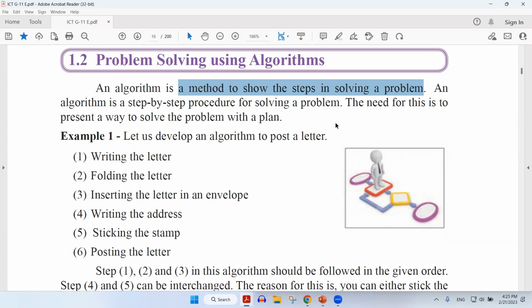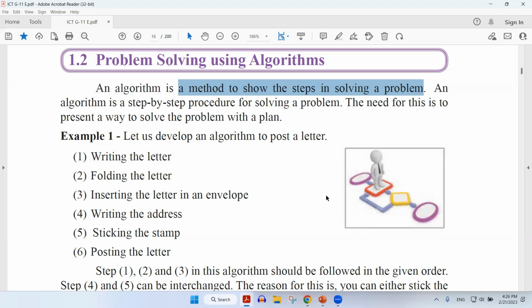One way is illustrating the solution in a graphical mode. We call that graphical mode flowcharts, right? If we are illustrating an algorithm using a flowchart, that means we use several different symbols, and those symbols will illustrate how to solve that problem from beginning to end. And there is another way that we can introduce the algorithm, in textual form.